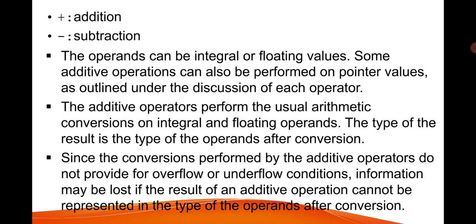Since the conversions performed by the additive operators do not provide for overflow or underflow conditions, information may be lost if the result of an additive operation cannot be represented in the type of the operands after conversion.